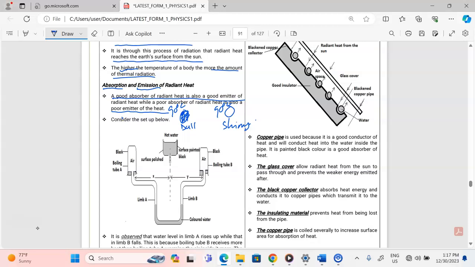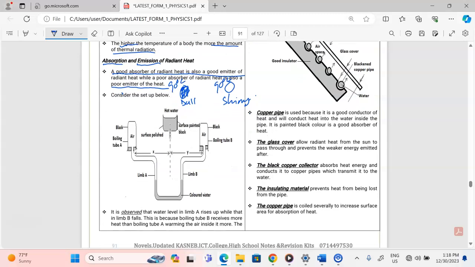This shows that the rates of emission are different. To conclude, dull substances are good absorbers of radiant heat and also good emitters of the same heat. Shiny or highly polished objects are poor absorbers of radiant heat and also poor emitters of radiant heat.